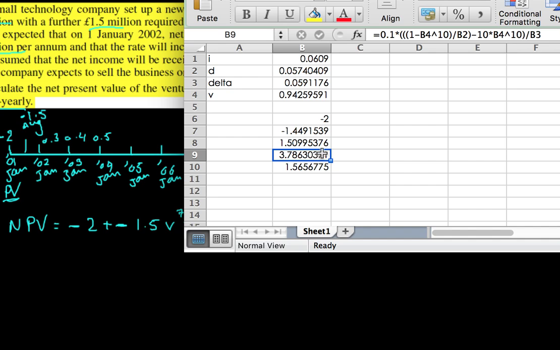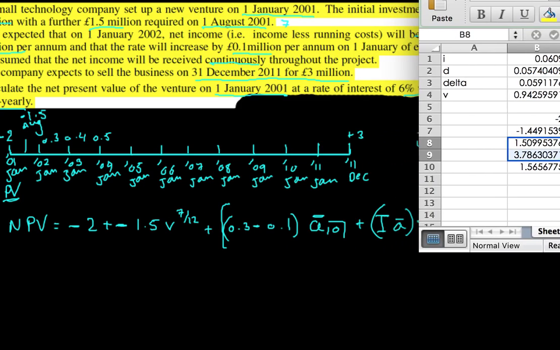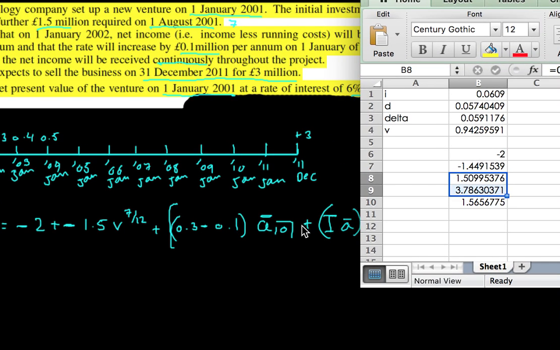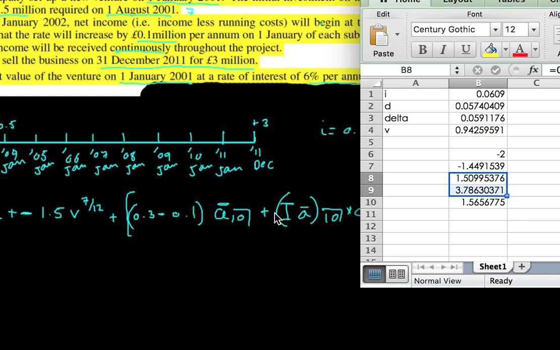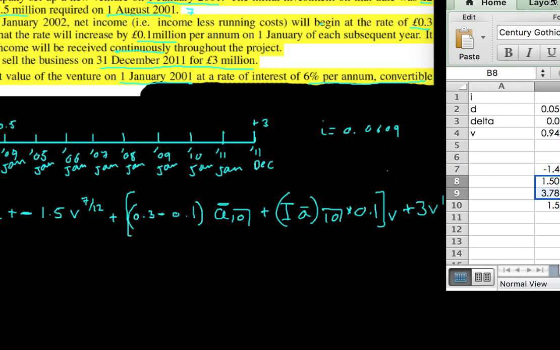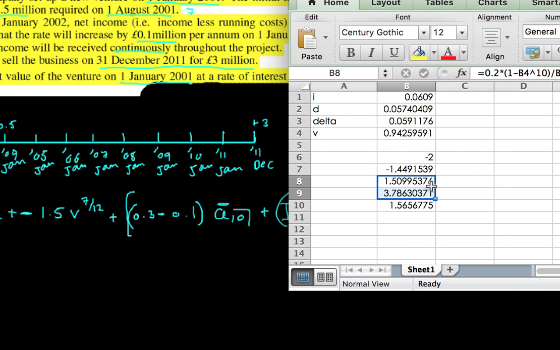And in fact, I almost forgot this bit over here, the whole thing. Sorry, this is our continuous annuity. So these two have to be added together. So just to show you, this bit over here is 1.5, and then this increasing continuous annuity bit is the 3.7.